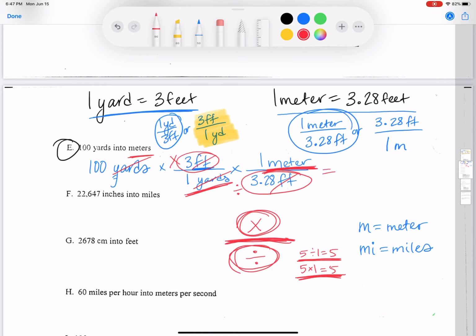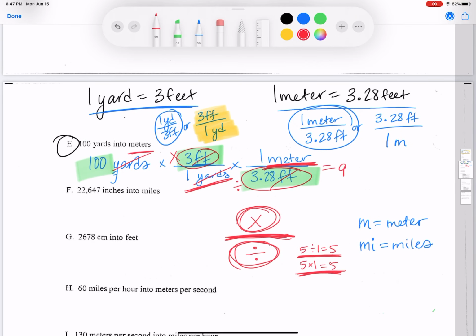So now you can go to your calculator and you're going to go through this by saying 100 times 3 divided by 3.28. And your calculator should stare back at you with a pretty long decimal. You're going to get 91.463. Now we have to do sig figs.